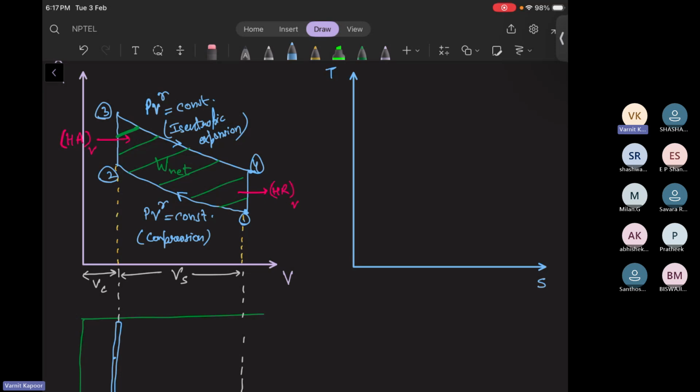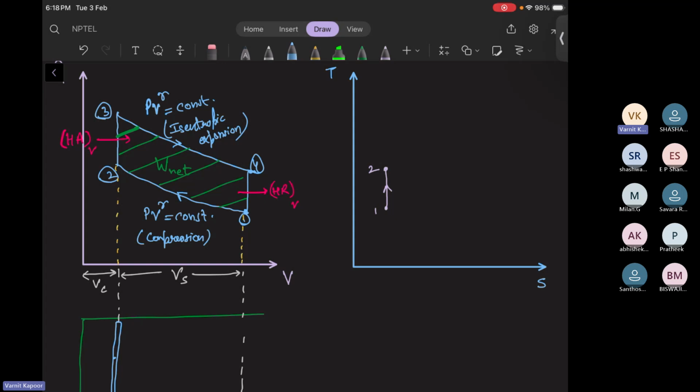Isentropic means entropy, that is the x-axis, is maintained constant. When you are doing compression, pressure increases and temperature increases. So your 1 to 2 will be like this. Entropy is maintained constant from 1 to 2, and temperature has been increased.